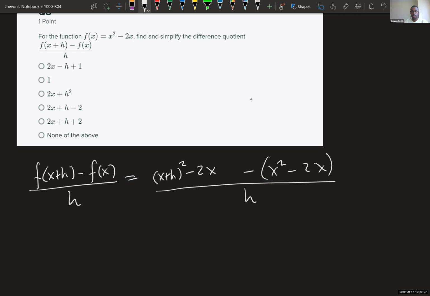Like that? Yeah, that's good. Are we good now? Can we move forward? I believe. Oh no, sorry. The minus 2x, you put minus 2 times parentheses x plus h.